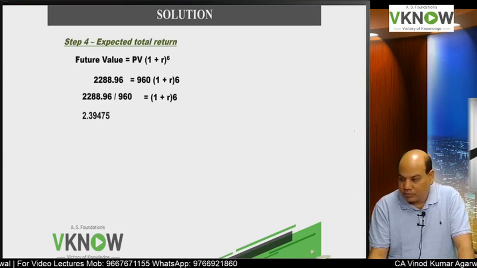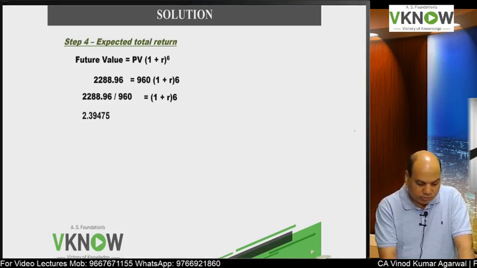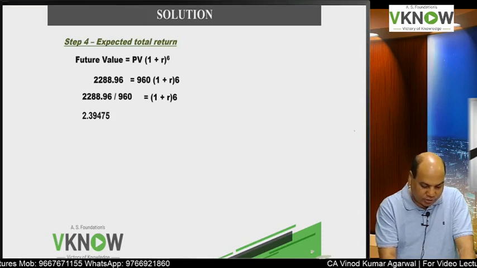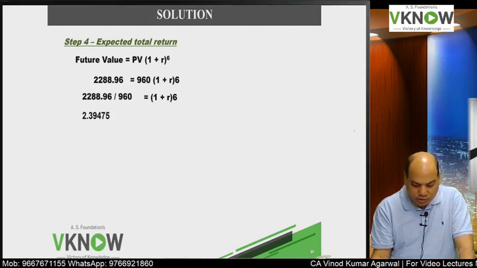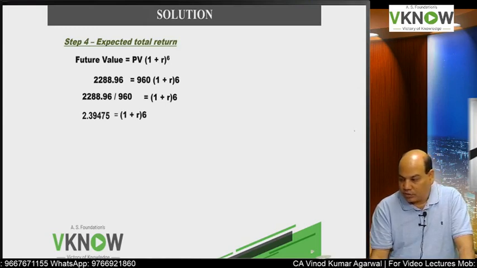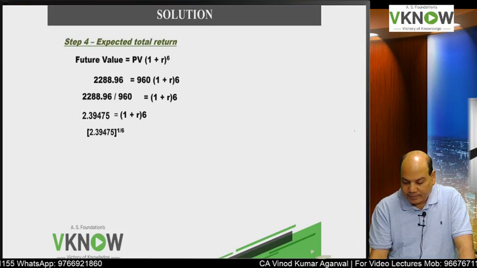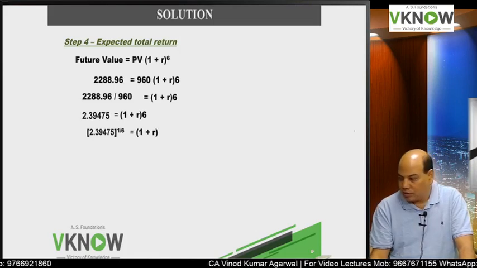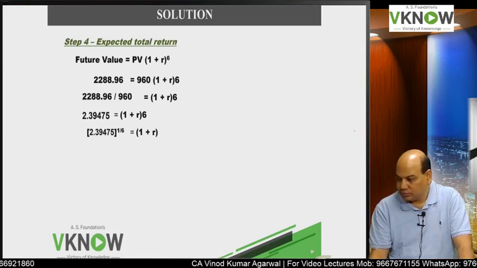Further simplified, this is 2.39475 is equal to 1 plus r to the power 6, which means 2.39475 to the power 1 by 6 is equal to 1 plus r. Okay, solve.